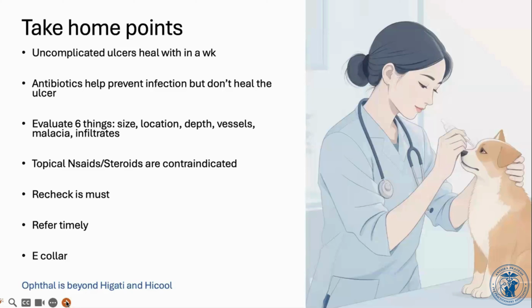But if we see the spectrum, moxifloxacin has a comparatively narrow spectrum of activity compared to cipro and ofloxacin usually, and it doesn't penetrate inside the eye very well as compared to cipro.